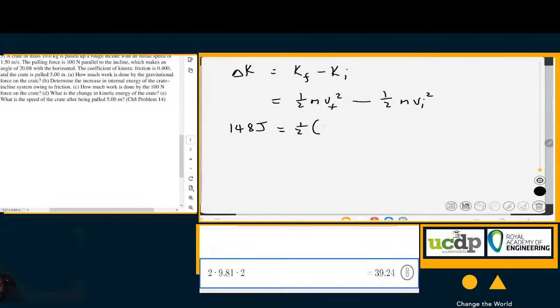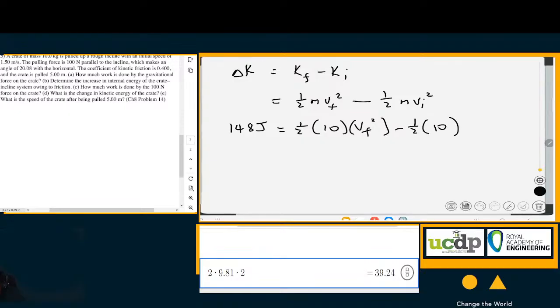This is a half times the mass, which is 10 kilograms, times the final velocity Vf squared, minus a half times 10 times the initial velocity squared.